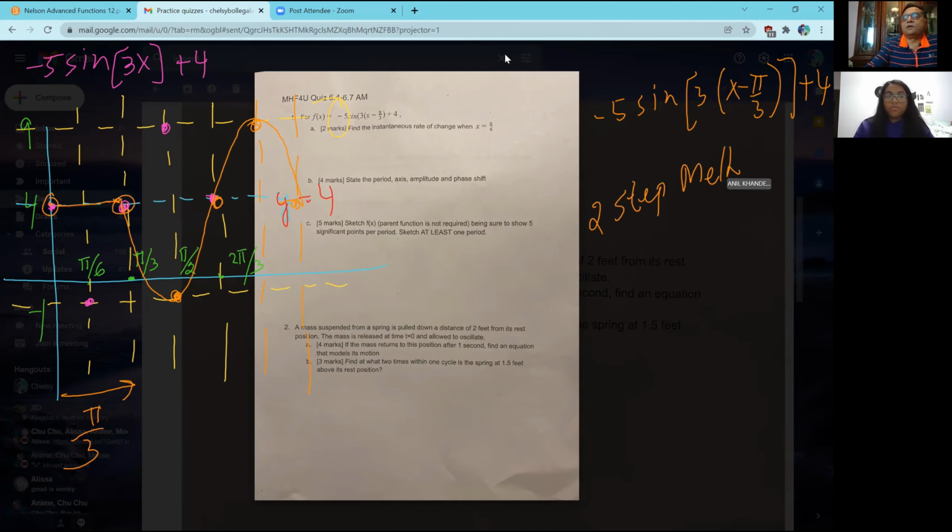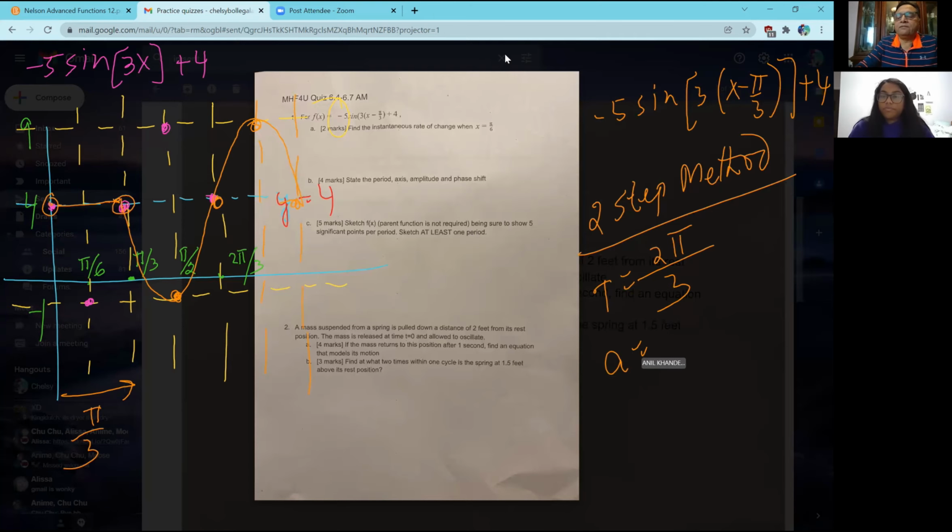I did not really do any calculations for points, correct? So we have drawn the axis, got the amplitude and the time period. Time period was calculated as 2 pi by 3, the k value, correct? Amplitude was 5, which we calculated earlier. Axis was at y equals to 4, and that gave us all the related points for the graph, correct? Perfect. That's how you are going to do.